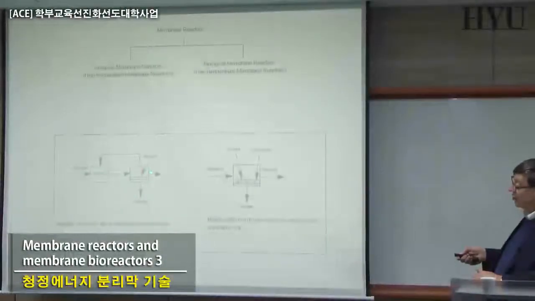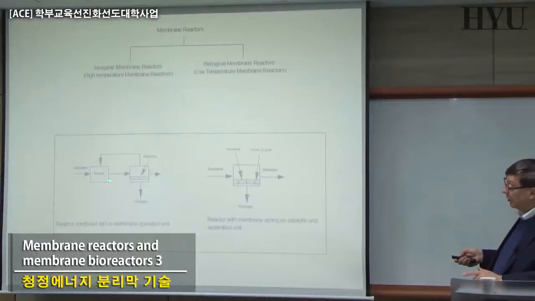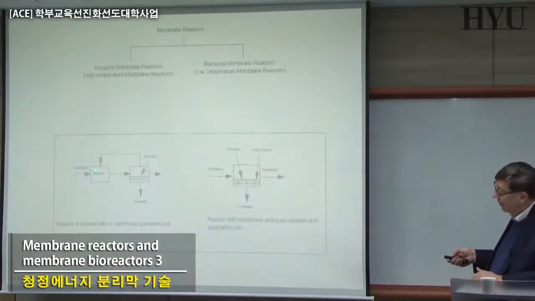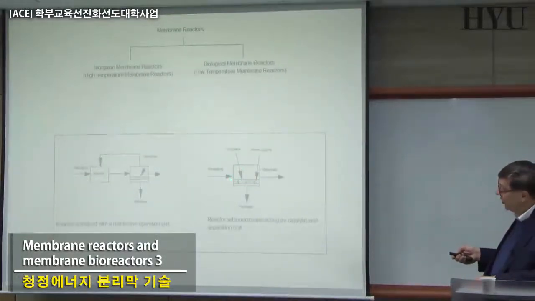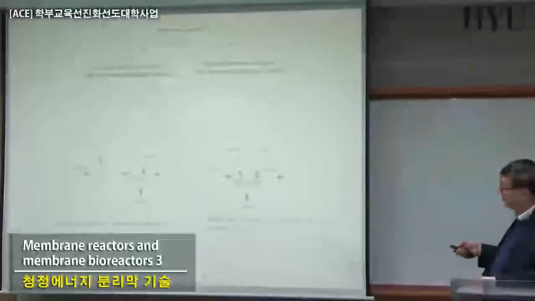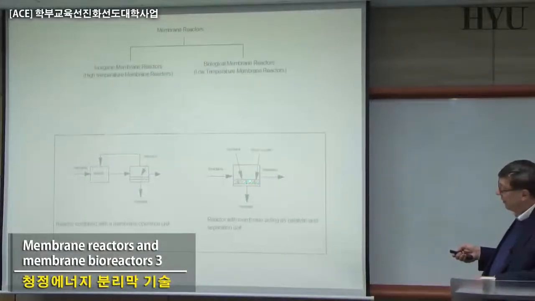You can have an external membrane system in which here you have the reaction, and the reactant will go into this membrane system, which is separate from this reaction vessel, or you can have just the membrane itself, where you immobilize the catalyst. So that is a system in which the immobilization of the enzyme is taking place in the membrane itself.